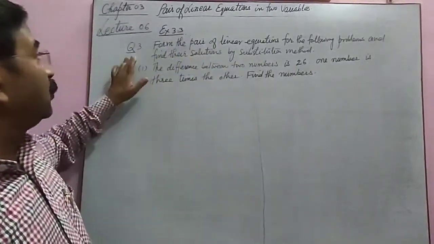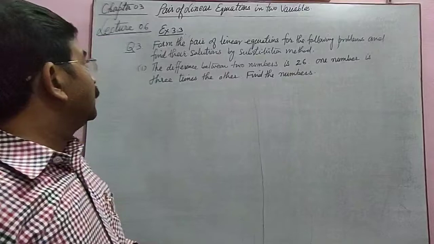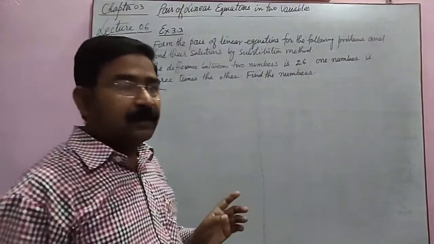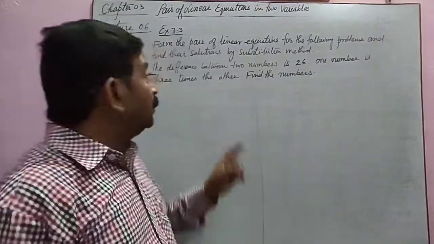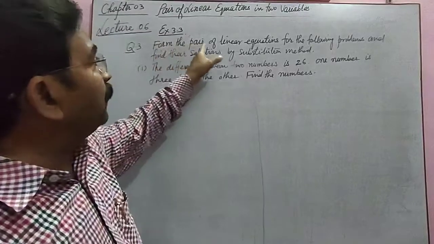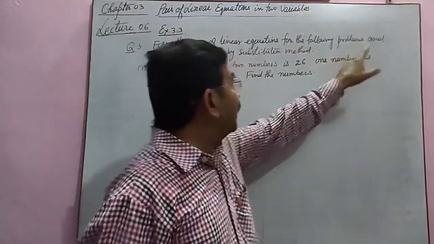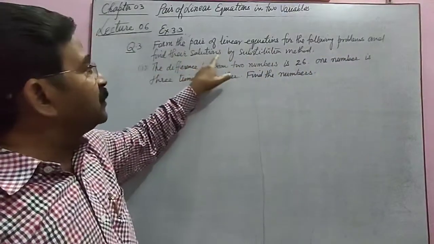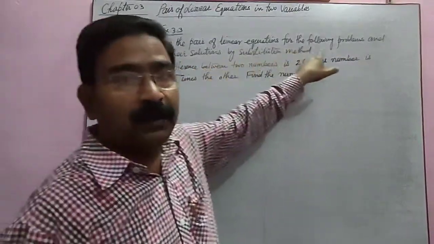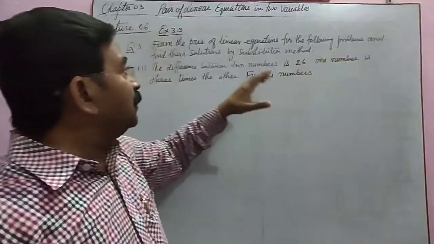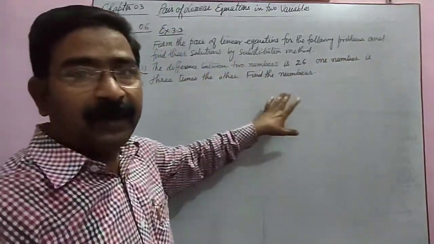Now we are coming to question number 3. It has several parts. The word problems. What is the instruction? Form the pair of linear equations for the following problems and find their solutions by substitution method. Means first we have to read the statement.